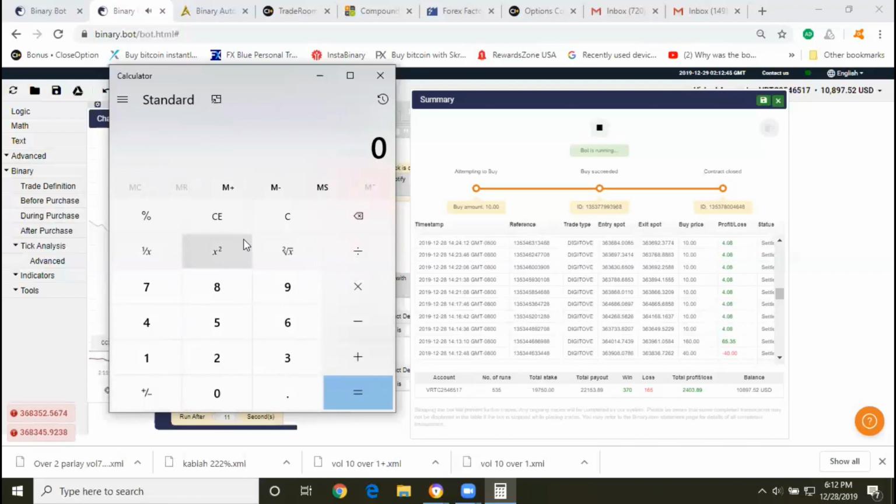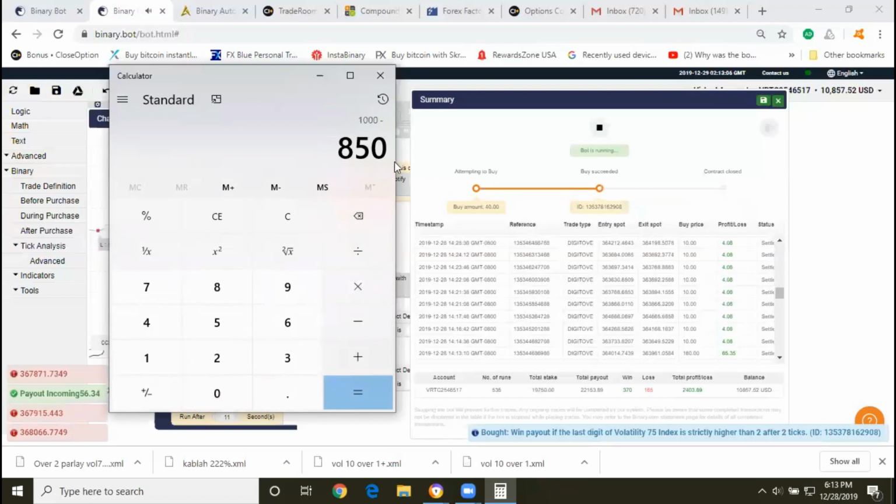Because if I say it's only going to lose $850 before it wins, I can run this on a $1,000 account, but my full margin will go down to 850, and I would use most of my account.